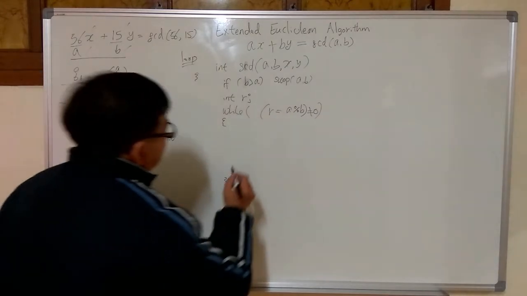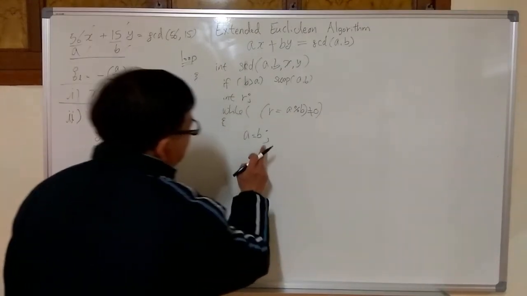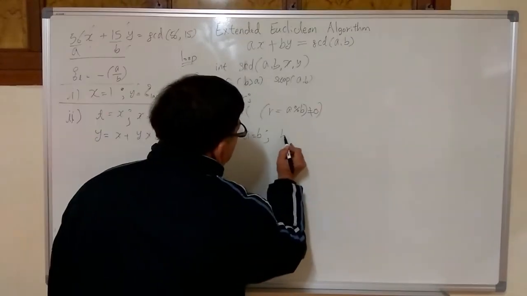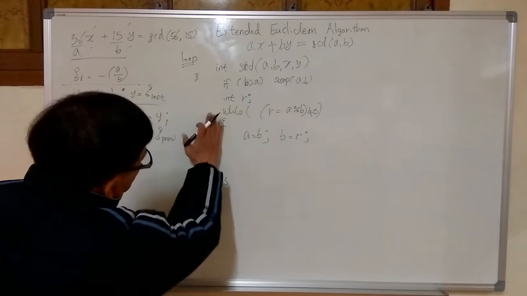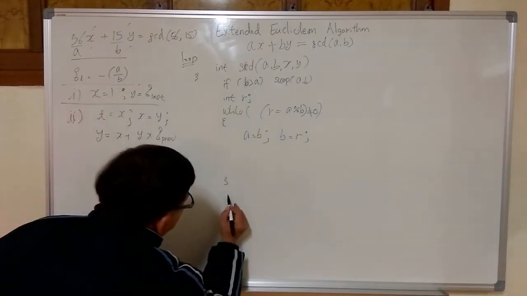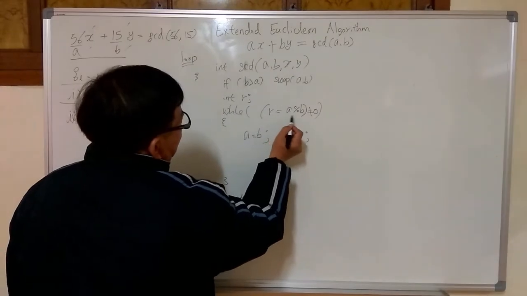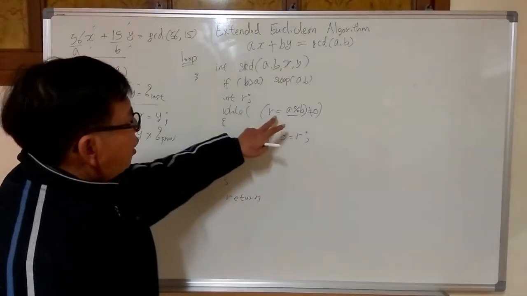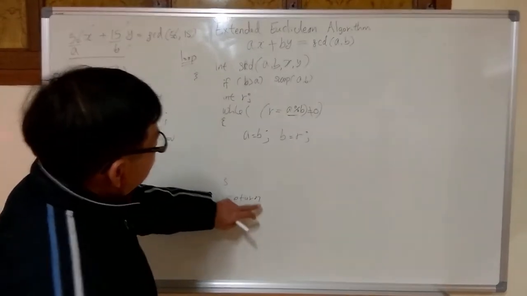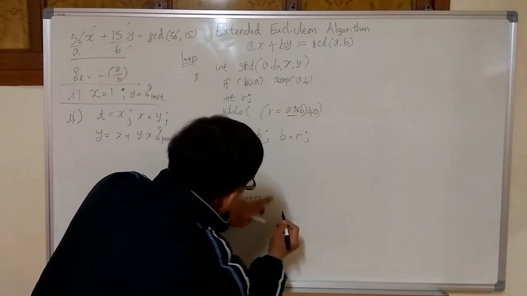Here, A becomes B, B becomes R. After the loop, return. When R is 0, A modulo B becomes 0, the remainder becomes 0, and that B becomes the GCD.